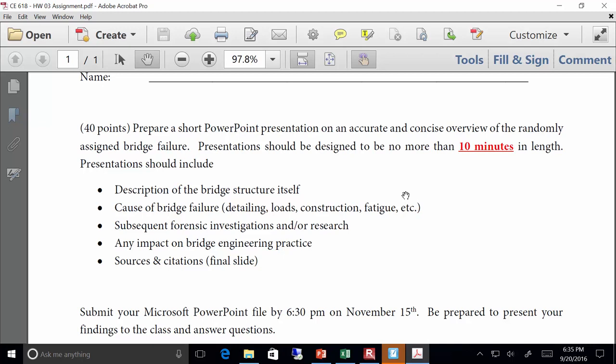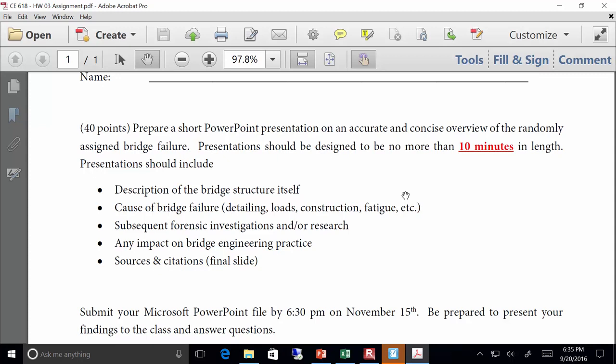So far, so good? All right, now, as for what bridge you research, what bridge you present on, it's funny how I have 12 different bridges in here. You all are going to be picking your bridge. So let's walk down the line.